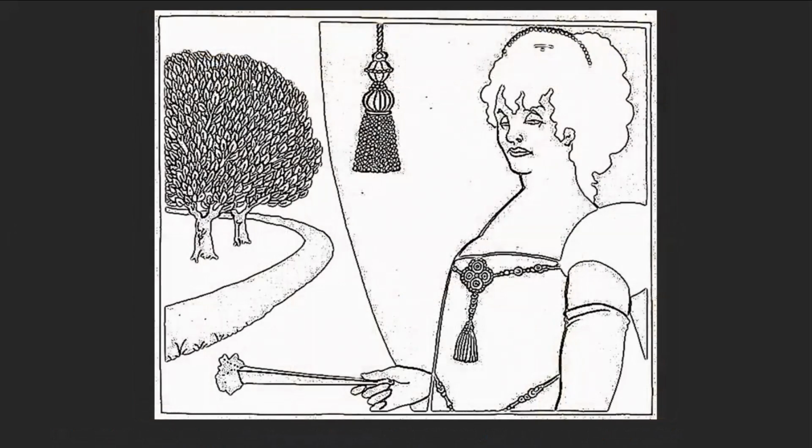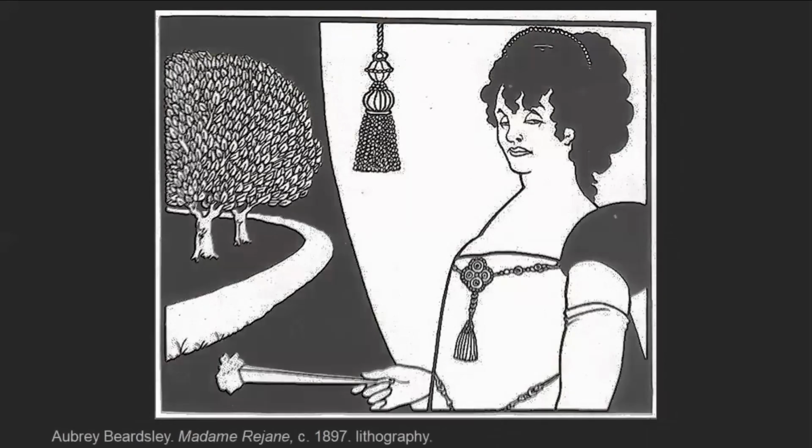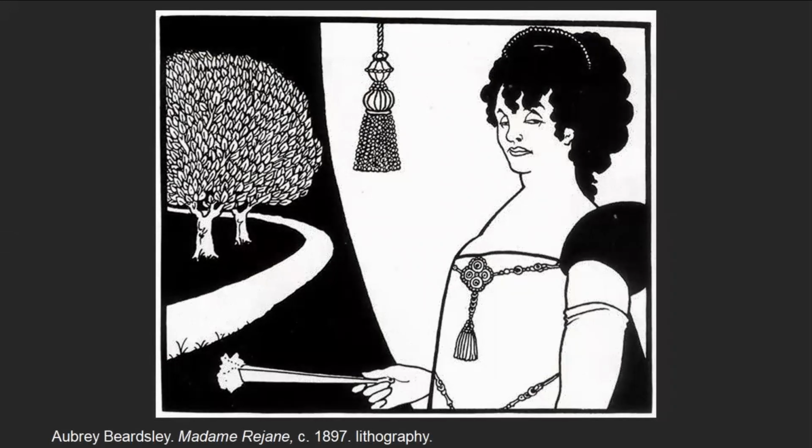So here's tracing of a design by Aubrey Beardsley, and it has some interesting elements to it. It is very strong in and of itself, a design, but that's going to radically change when we add tone to it. Now this contrast is made even more apparent. The extra weight that is added on the right side by our human form here, Madame Regine, the way that she takes up the entire right side of the design.